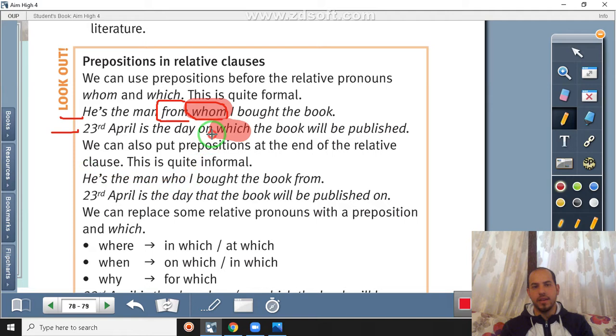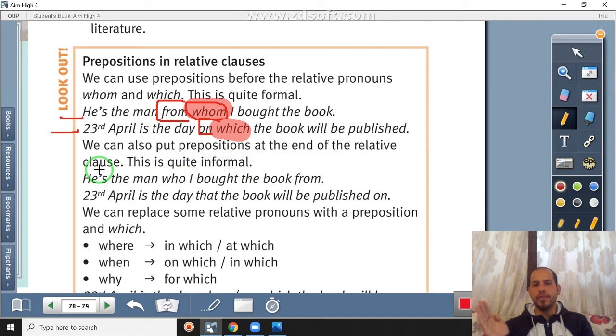Yes, it is on. Why? To make my speech more formal. We can add these prepositions with whom and which only. Only.